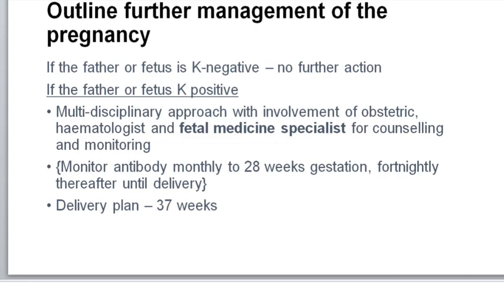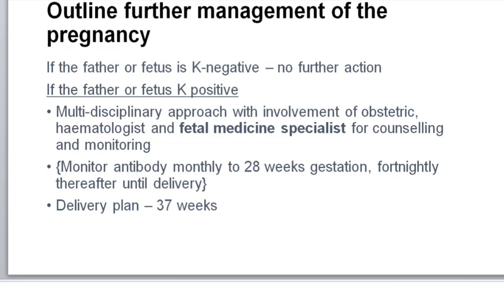I think yes, because if a patient has one antibody, there is a risk of developing other antibodies as well. So we should check the maternal plasma for any other antibodies with the same protocol, monthly till 28 weeks and fortnightly thereafter until delivery.